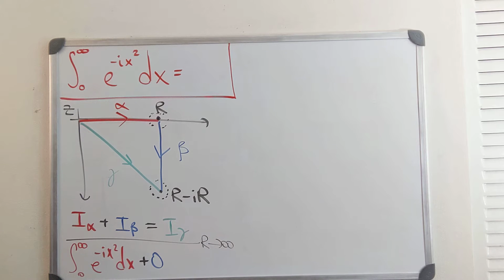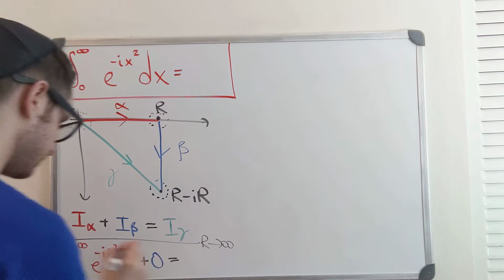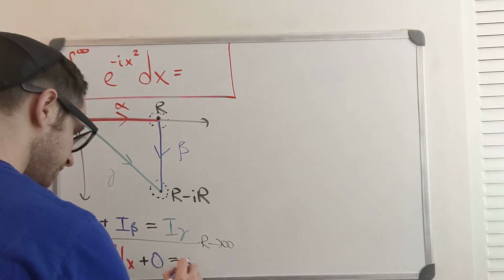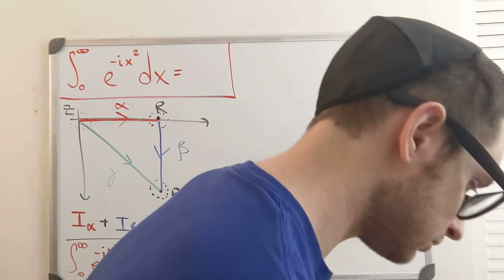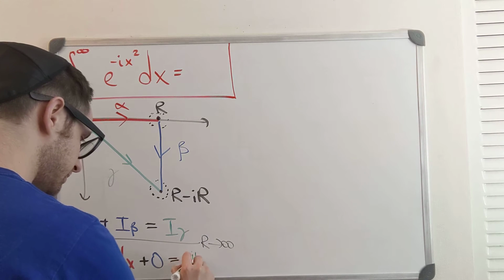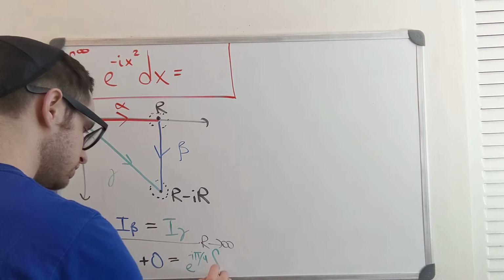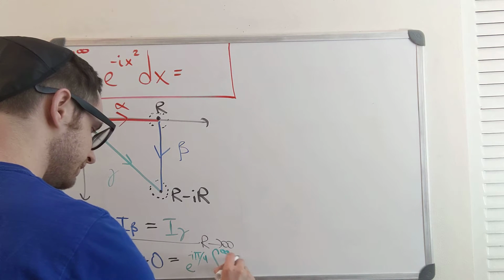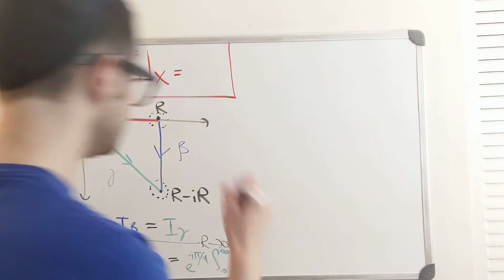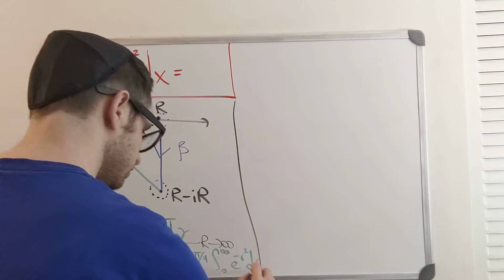We expect most of the contribution to the integral to happen around here, and I'll explain why in just a second. But we'll actually see that this green integral along gamma will be a constant prefactor, e to the minus i pi over 4, times this known Gaussian integral from 0 to infinity of e to the minus r squared dr. Okay, so that's a known Gaussian integral that's not too hard to do.